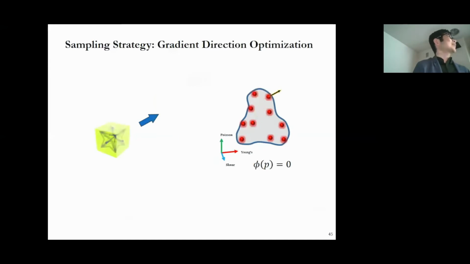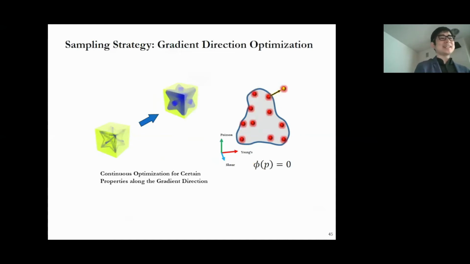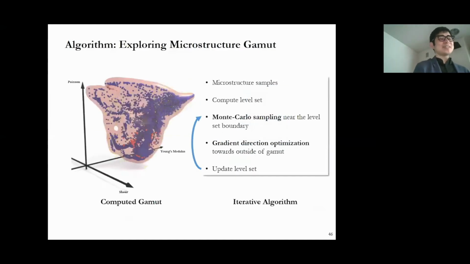Or we can do some gradient descent optimization. Basically, we know this normal direction of the level set, so we just want to optimize the property of this microstructure towards this direction. And we can also get some point if this optimization can converge outside the level set. So by alternately doing these two strategies, we can eventually get some boundary which we believe could be the boundary of our 3D printing or fabrication achievable microstructure properties.